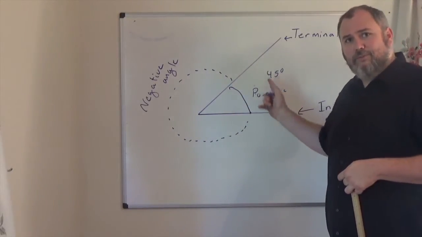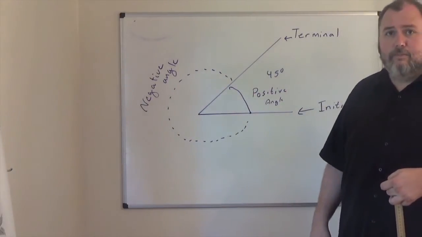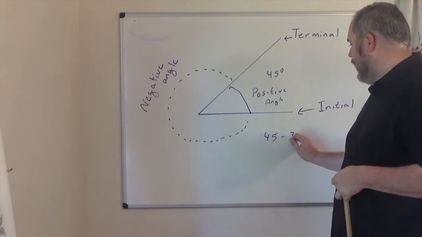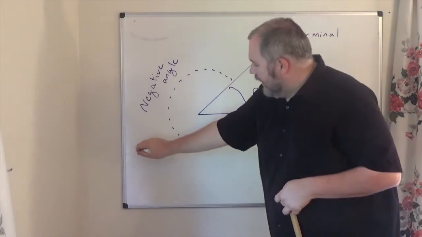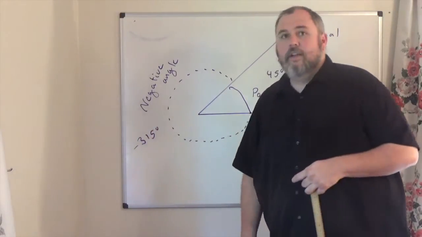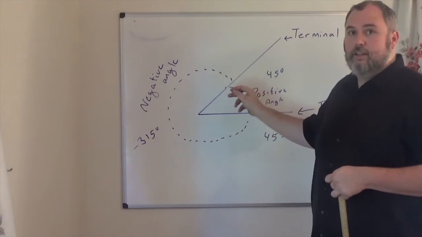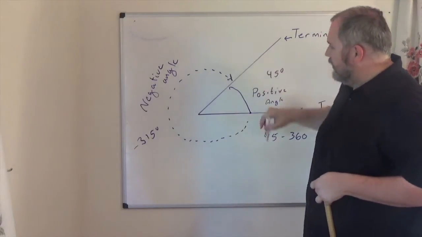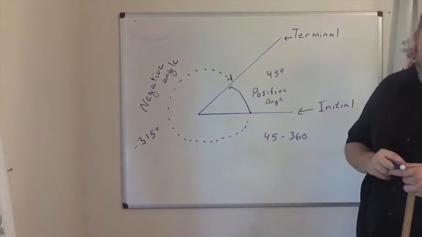If this is 45 degrees and the full shape is a circle, I could find the negative angle by subtracting: 45 minus 360, and I find that this negative angle is actually negative 315 degrees. So instead of going positively, which is this direction, I went negatively, which is this direction. I still started at my initial side, went all the way around the long way, and came to my terminal side.